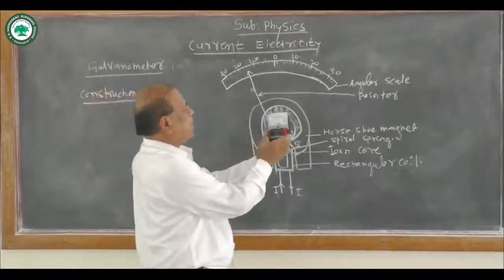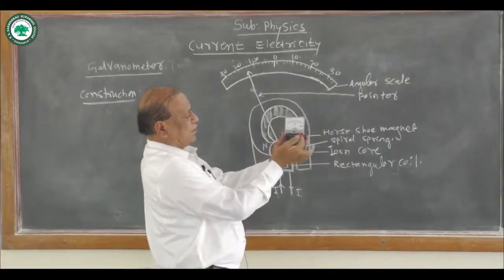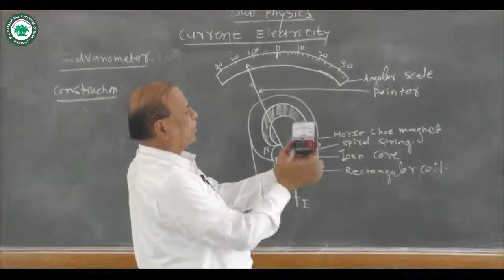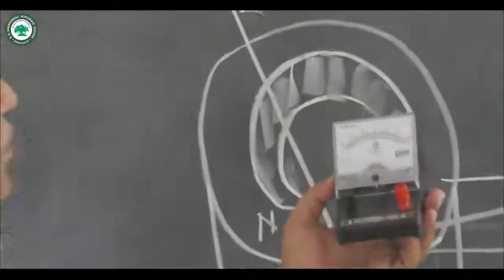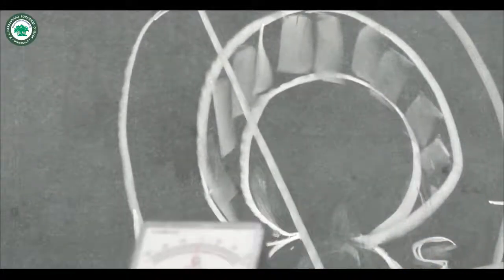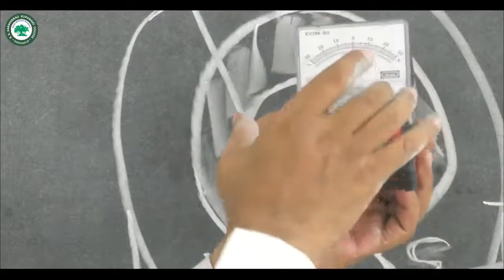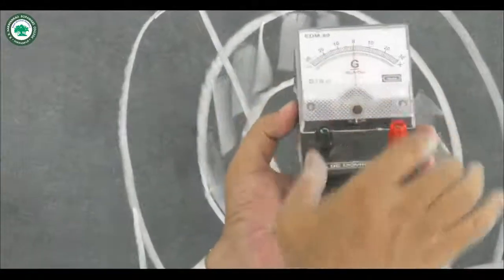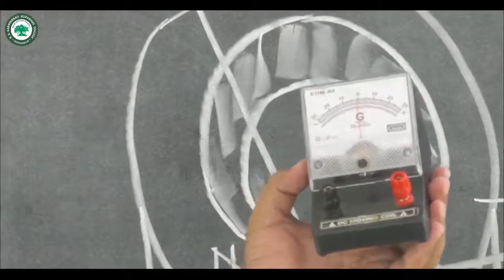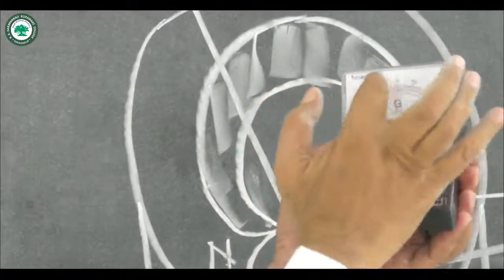See here, entering the current, leaving the current. Deflection may be left or right. It depends on the direction of current flowing through this galvanometer. See here, the angular scale.